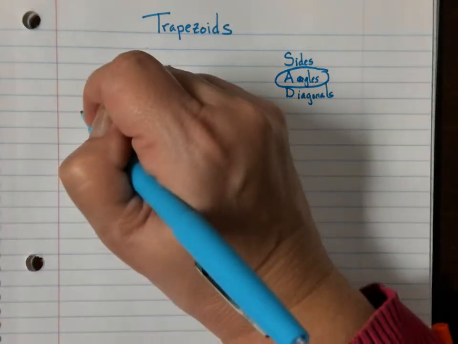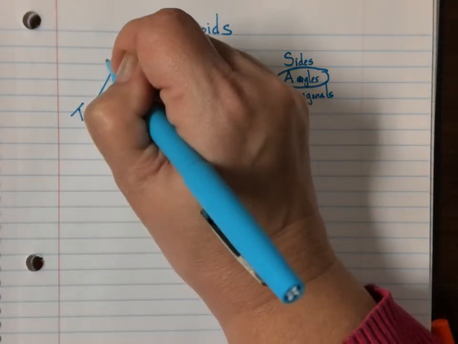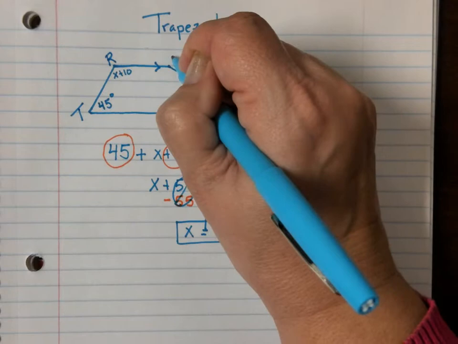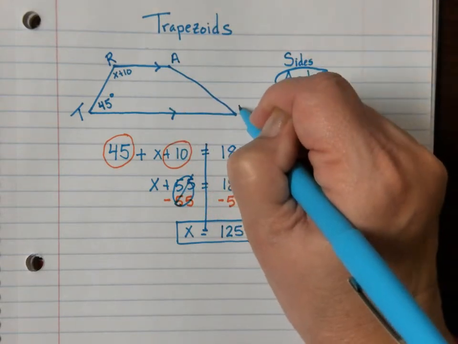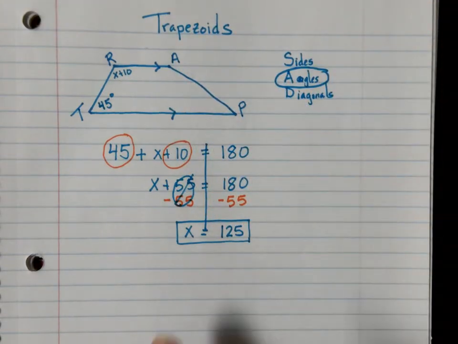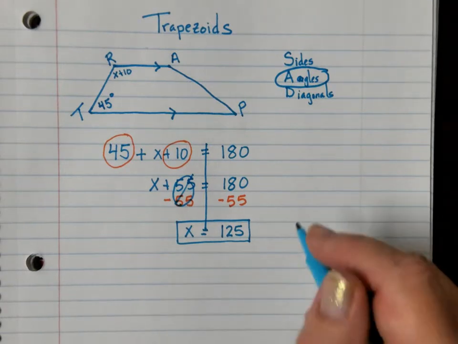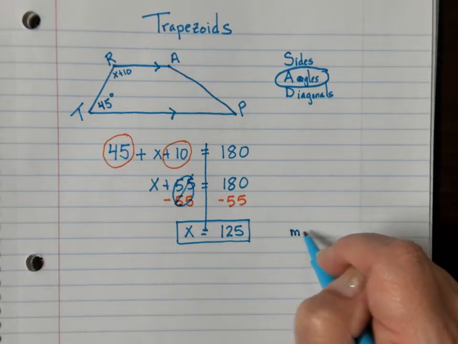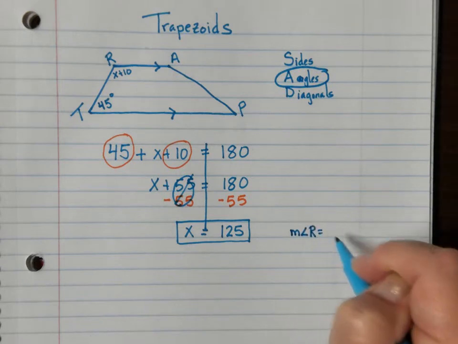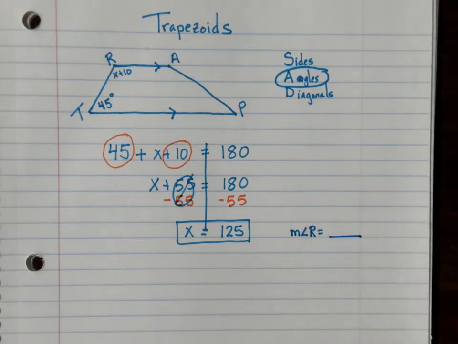So let me go in and put some labels on these vertices. Let's call this TRAP, trapezoid. So if it said find X, X is 125, we did find that. Now what if it wanted to find the measure of angle R? What is the measure of angle R going to be?